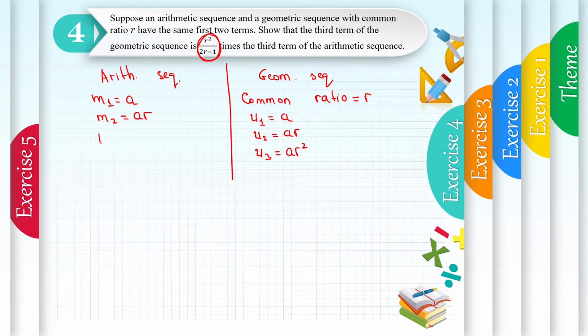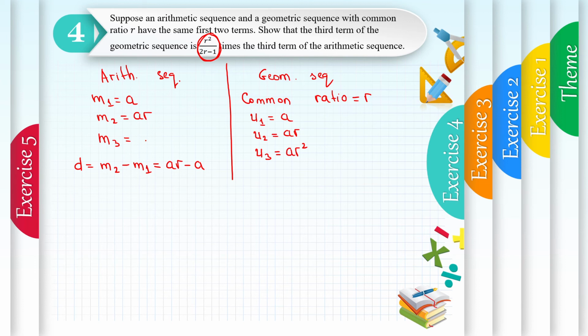Let's now deduce the third term of our arithmetic sequence. For this, we have to find the common difference. So the common difference d will be equal to the second term minus the first term, in our case ar minus a.